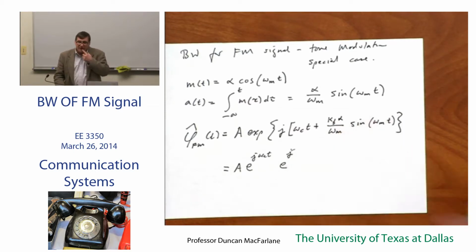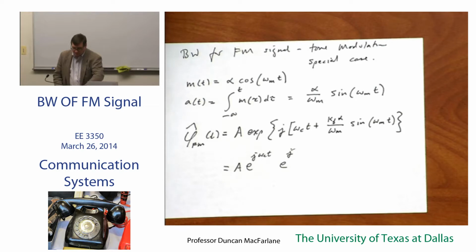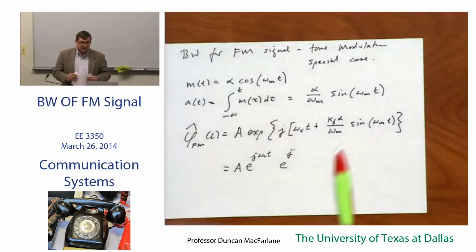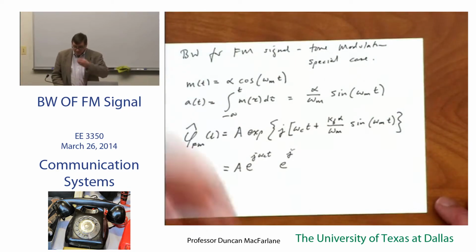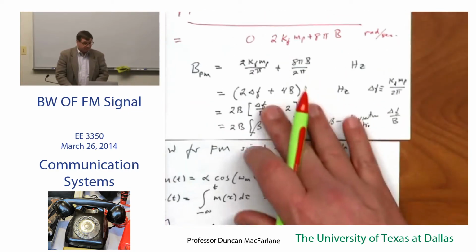Anyone recognize that? Is that the deviation? That's what I call it. You're right. Is it the deviation ratio? That would be beta. Is that what I called it? Is that beta? Let's compare.